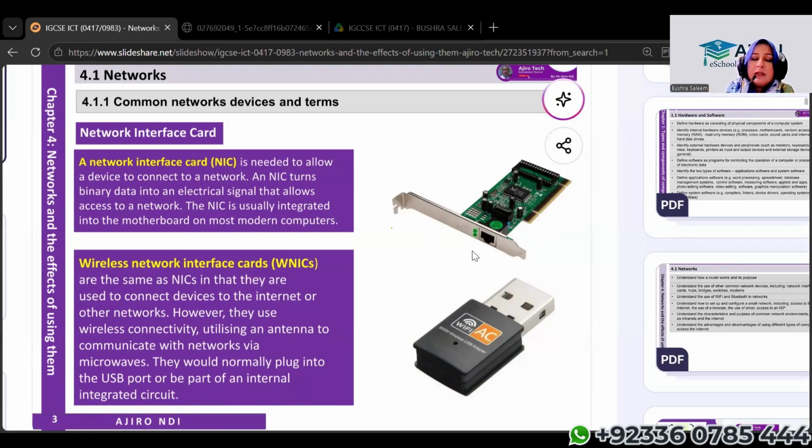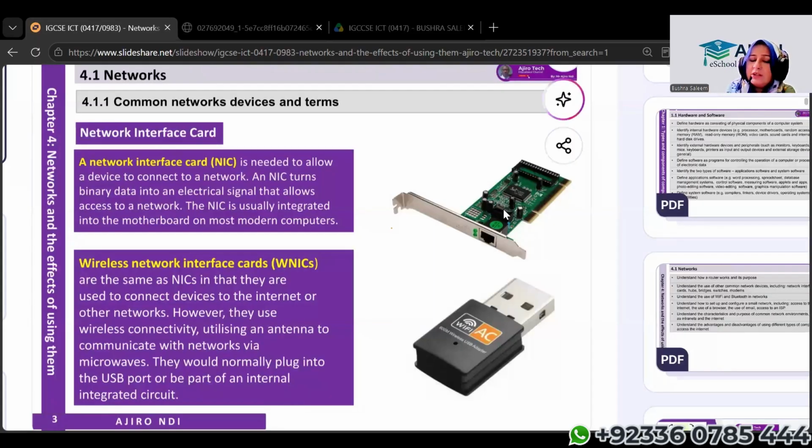For example, the computer understands binary data, that is 0 and 1. When we connect to the network cable, the Ethernet cable, it will produce digital electrical signals. Okay, so that conversion is done by the NIC card.